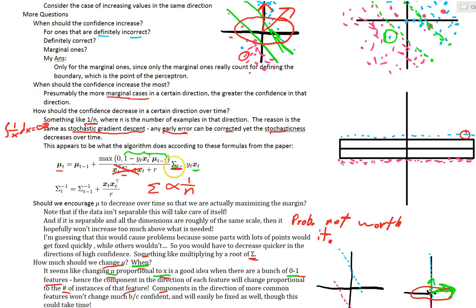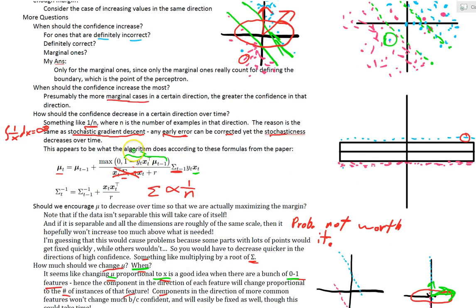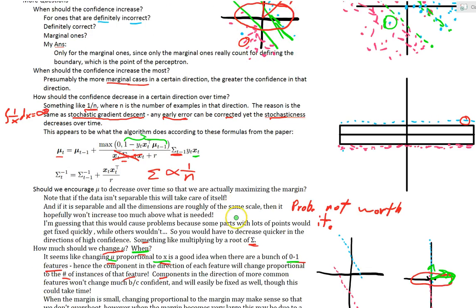And so we could have a very huge update, where we've got our vector in this direction, and then we have a big update in that direction, so then it's too small, and then we need a bunch of updates in this direction to restore the margin that's as large as we want, right? So I'm not sure about this part, but anyways.